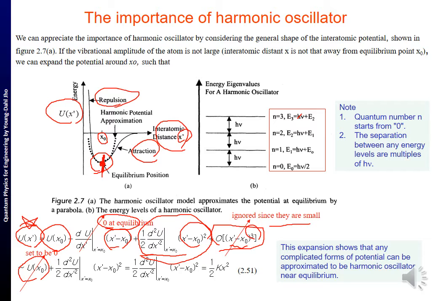Then the equation becomes very simple. We only have this part, and x prime minus x0. The position with respect to the minimum point is now set to be x. And this one might be very complicated, we don't know, but we just call it spring constant.